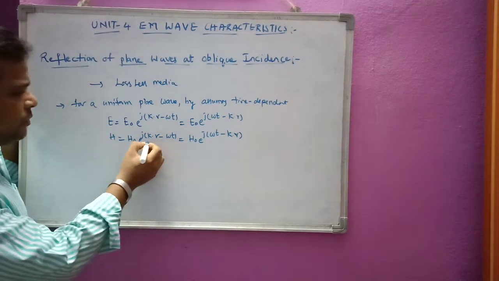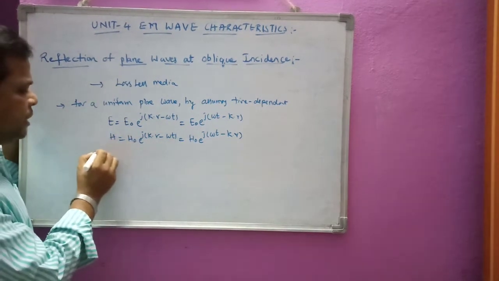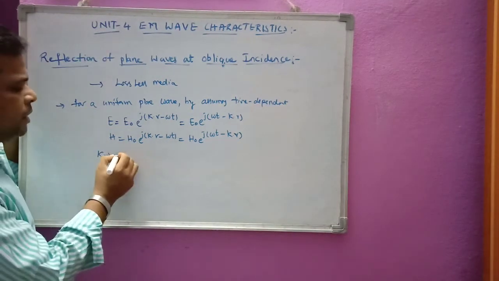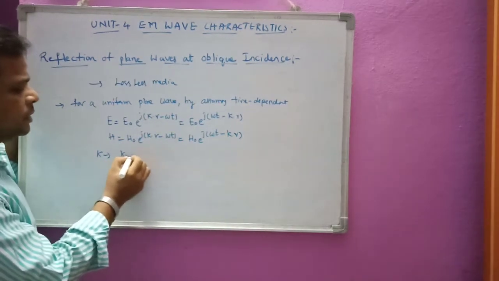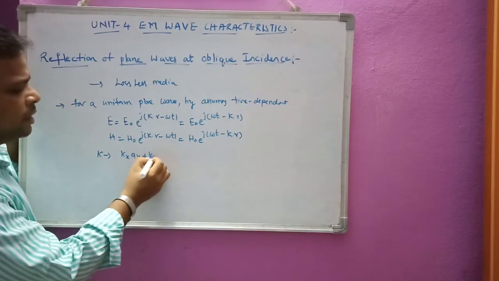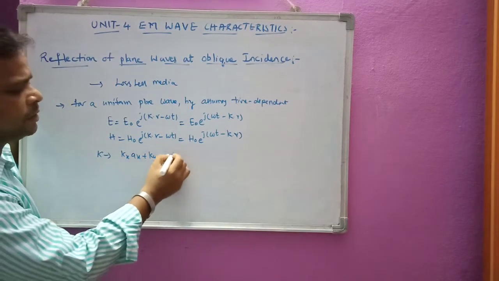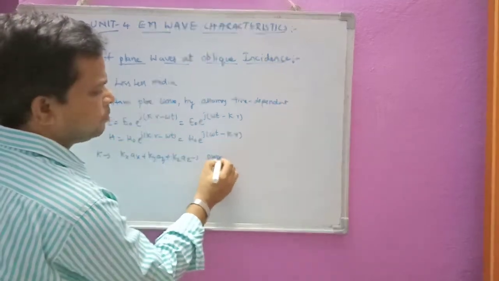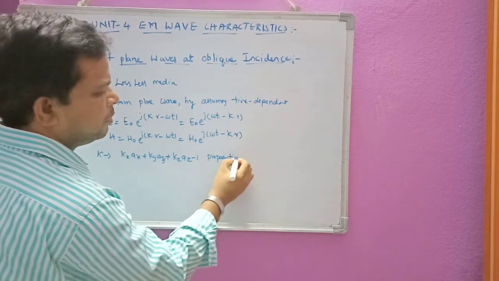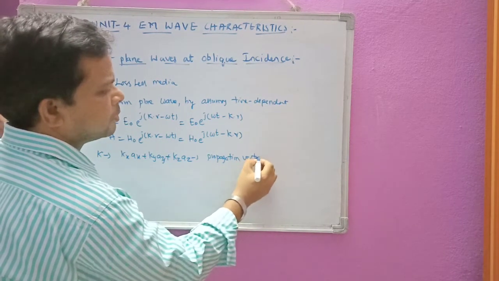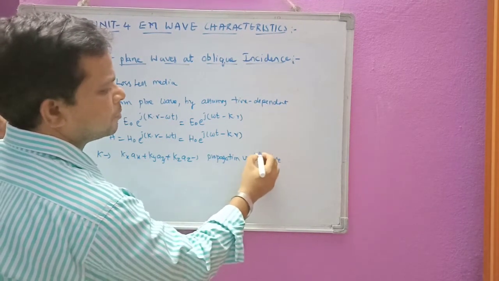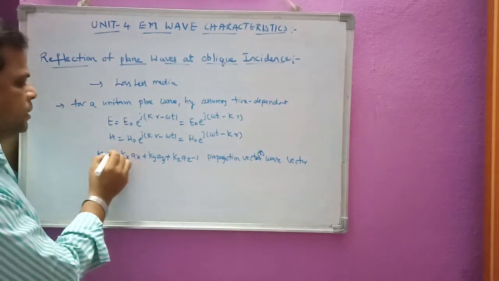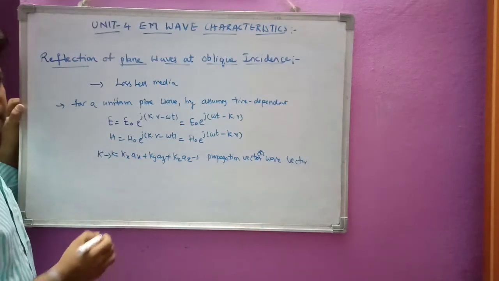Before that, I will define k here. What is k? K is the propagation vector or wave vector also we can say, that is k is equal to kx ax plus ky ay plus kz az. And similarly we have r here.